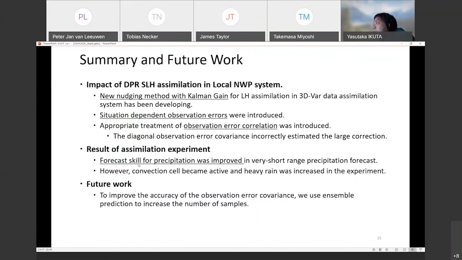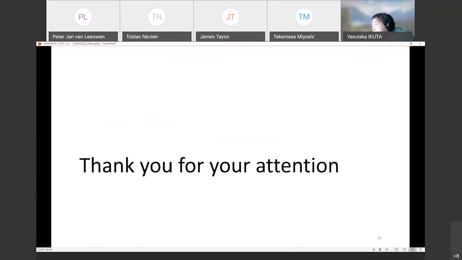And in the result of the assimilation experiment, the fractions skill score for precipitation was improved in the very short range precipitation forecast. For future work, we will increase the number of samples using ensemble forecasting to improve the accuracy of the observation error covariance. Thank you for your attention.